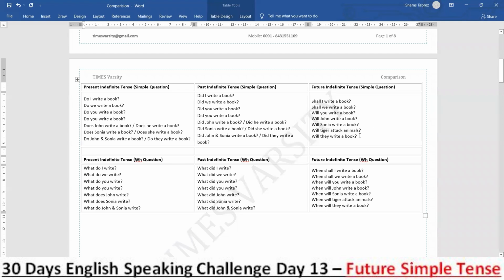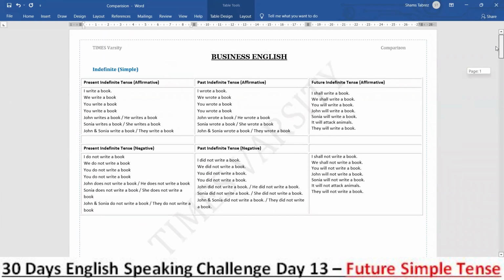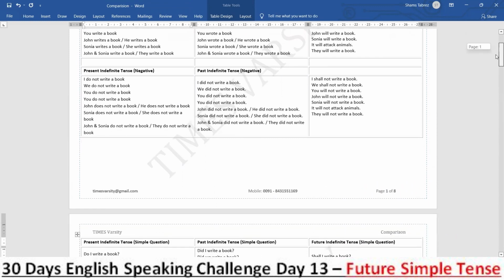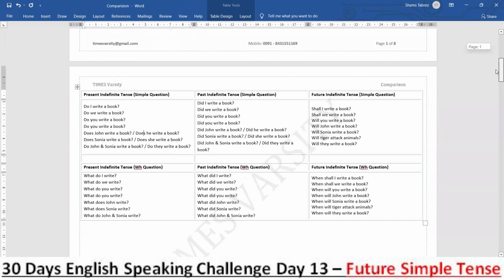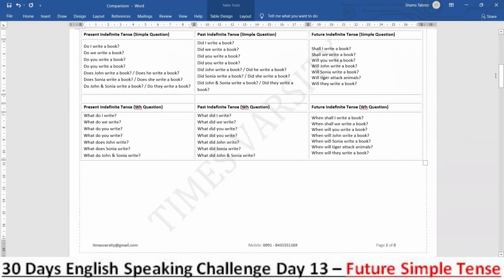And here you see that the rule is the same. Whether it is present, past, or future, if it is affirmative, first the subject, then if there is any helping verb, the helping verb, and then the verb. Negative comes after the helping verb. A simple question starts with the helping verb. A WH question starts with the WH word.